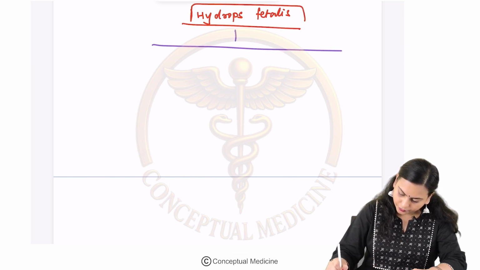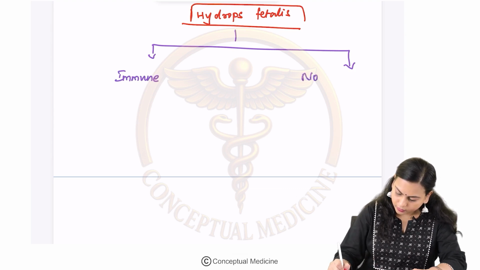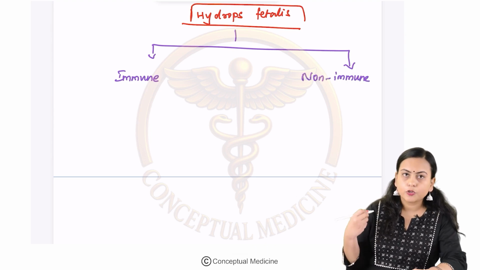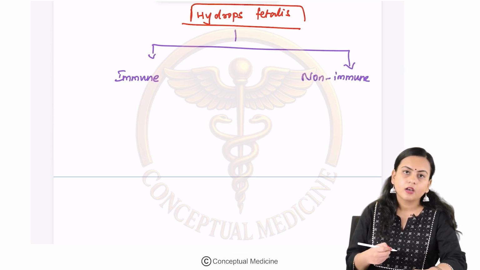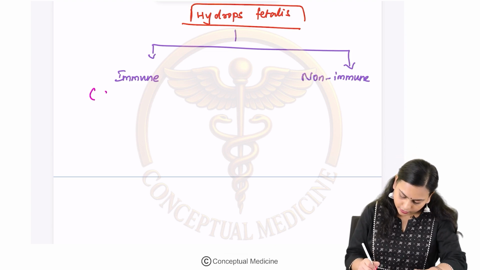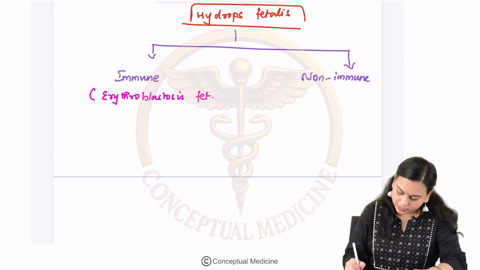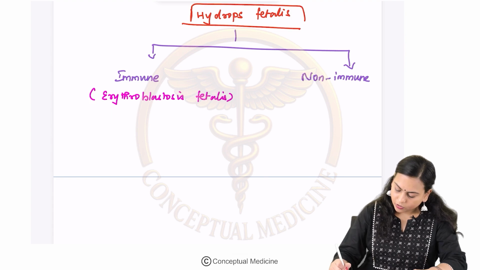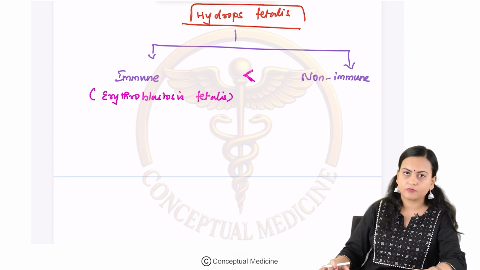Most of the time, erythroblastosis fetalis is the term given for immune causes.